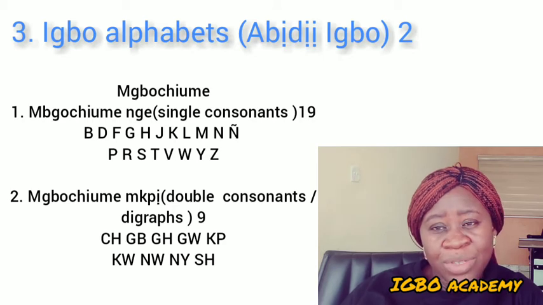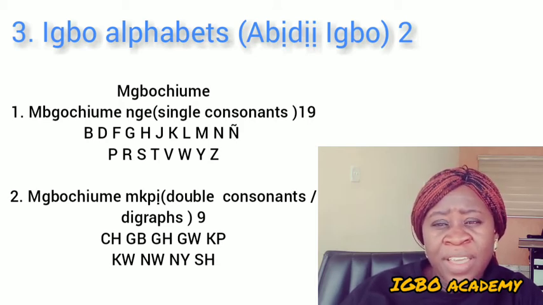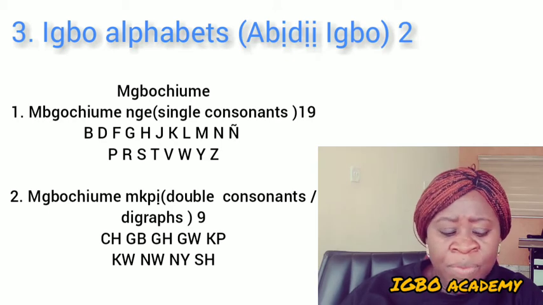So that's that about the division of the vowels, which are udaume, and the consonants, which is mbochume. They are all further divided into two: udaume mfe and udaume aro, mbochume mfe and mbochume aro.